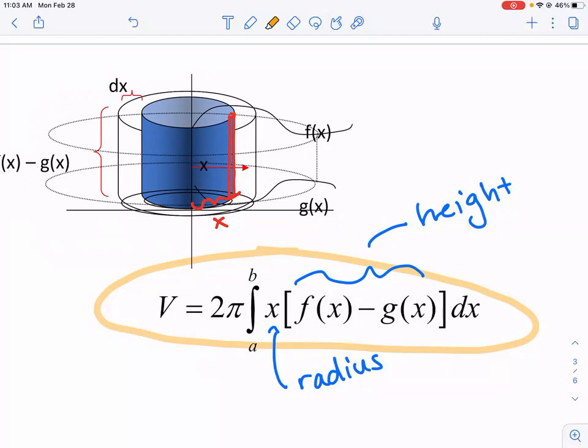Top function minus bottom function. And our thickness is dx. So we have an infinite number of infinitely thin cylindrical shells, like those nesting dolls that stack together to make a solid.